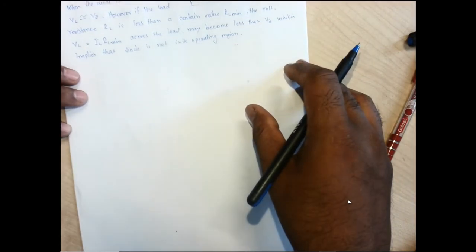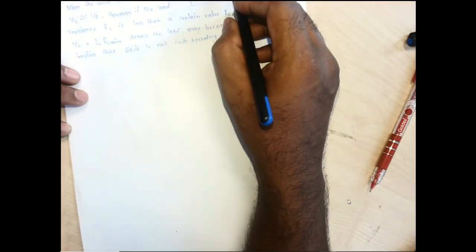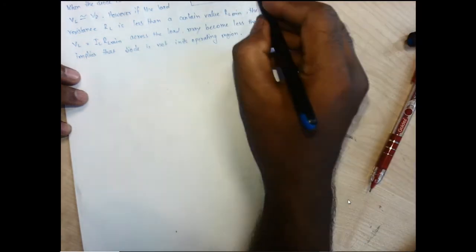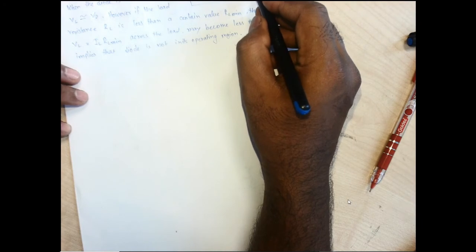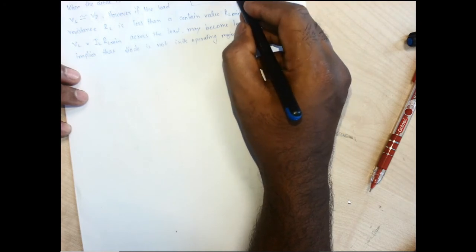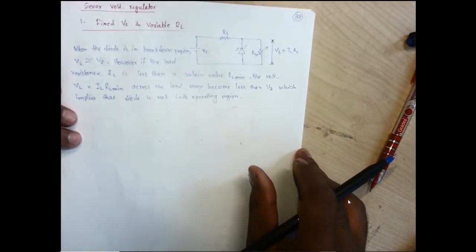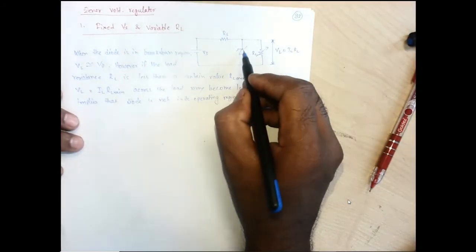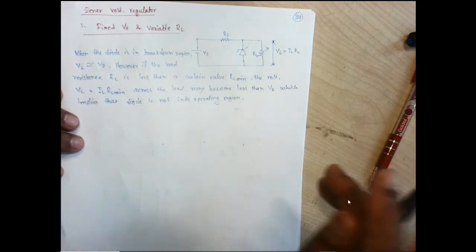Understand? Because first of all we must ensure the Zener diode is in the breakdown region. So how are we ensuring that? We need to use a certain load so that the load voltage is capable of putting the Zener diode into the breakdown region. Once your Zener diode is in the breakdown region, then it will operate as a regulator.